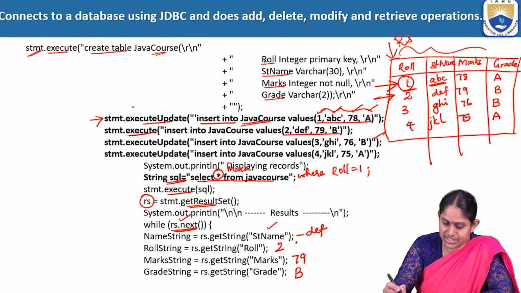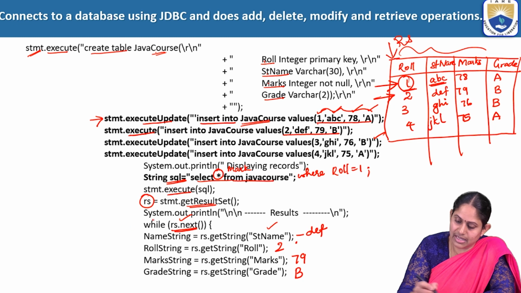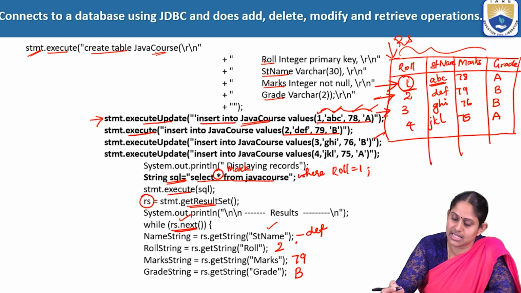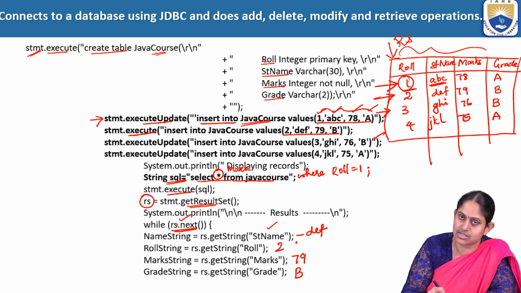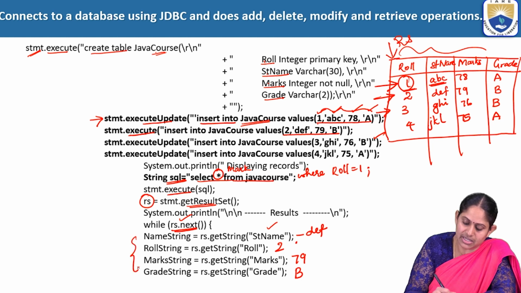Now again, it will check whether there are any contents in the result set. So there is still content in the result set. The next method is not false. So again this part will be executed.